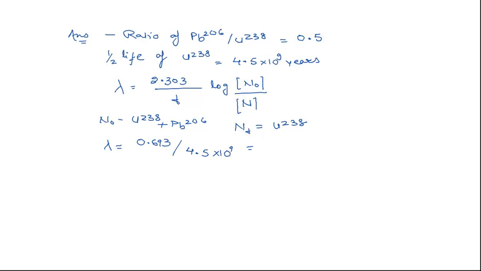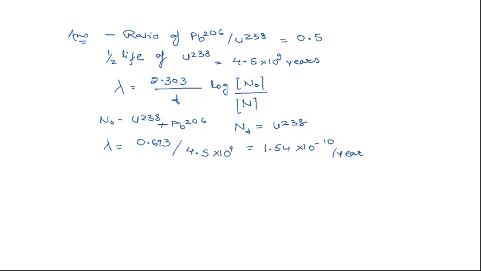That is your 0.693 divided by 4.5, and that is divided by 10^9. That will give 1.54 × 10^-10 per year.